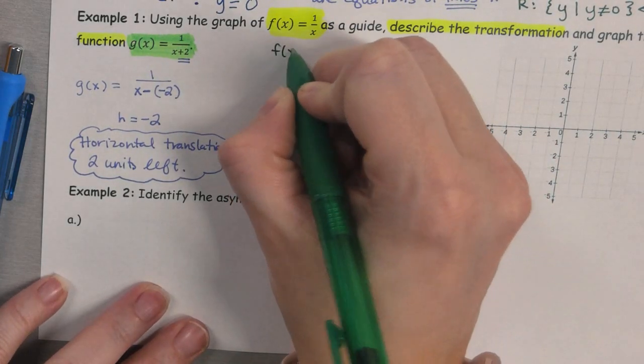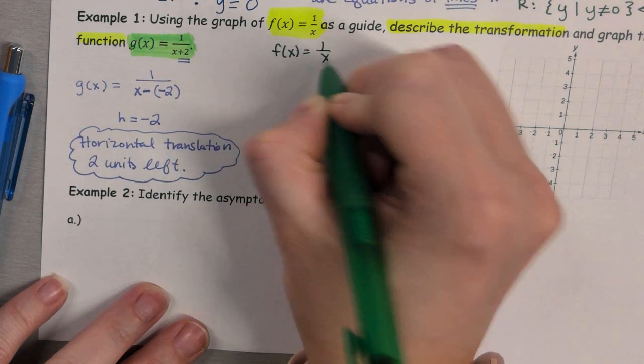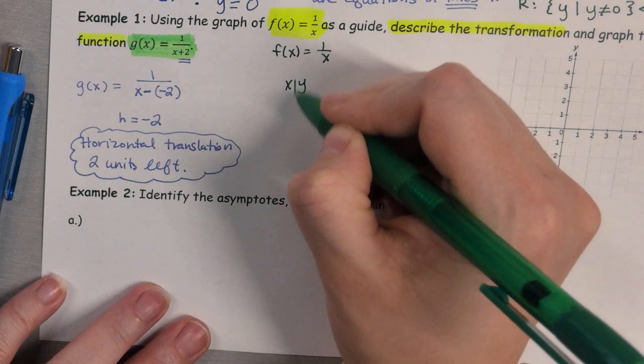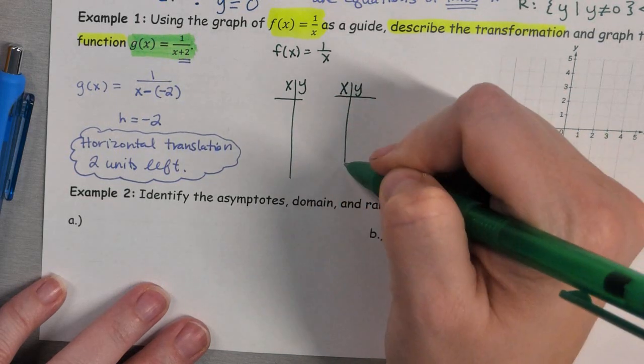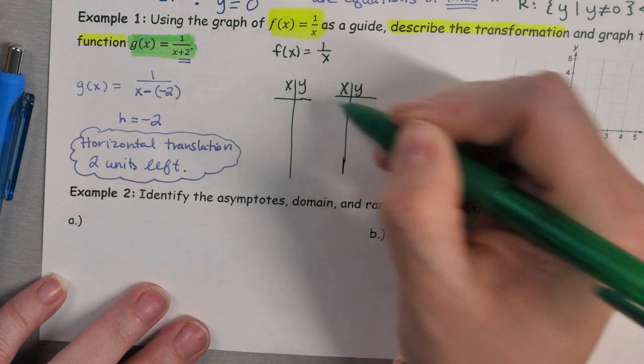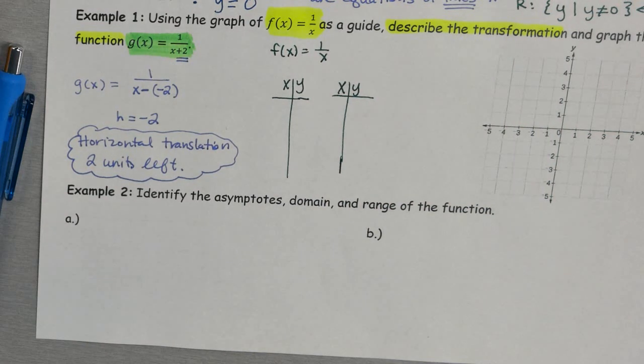So if we start with f of x equals 1 over x, and we do our tables, and I like to do 2 tables. Do you guys remember why? Yep, you have your negative branch and then the positive branch. Sometimes they get shifted, but your x values that you're plugging in for the parent function will always be negative and positive.